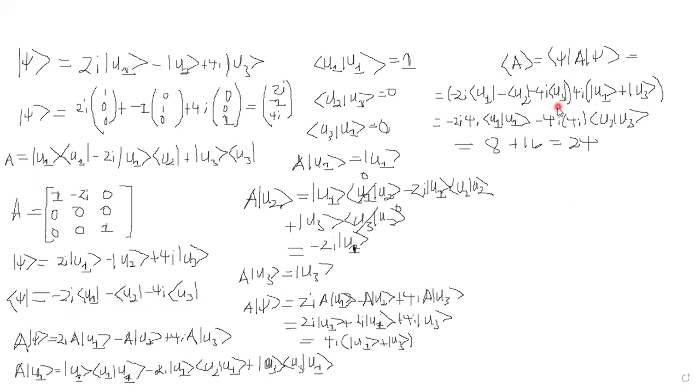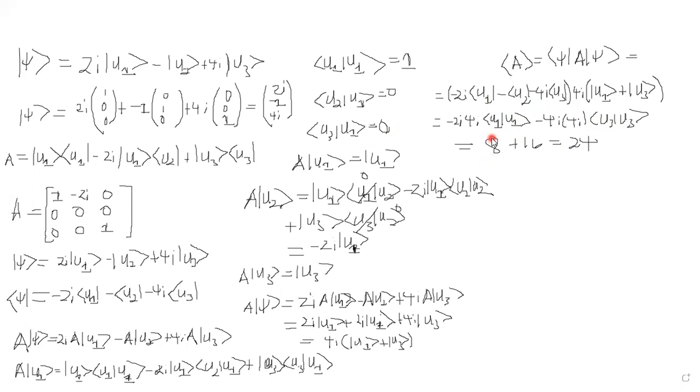Then U3 operating on U1, U2, U3. Now we already know that U2 and U1 is equal to 0, and so on. Anything different, when the subscripts are not the same, is 0. If they're the same, it's 1. So here, I didn't multiply all that out because I know all my zeros. I just focused on the ones that were the same, and the only ones that are the same with operators are U1, U1, and U3, U3.